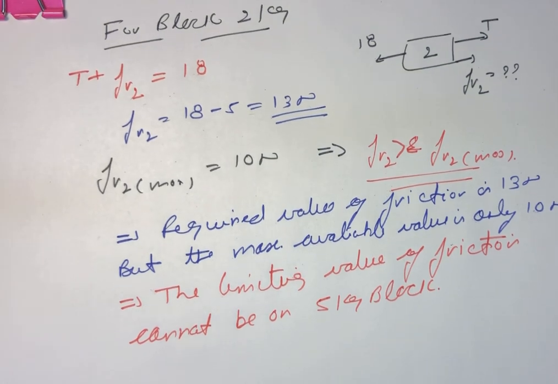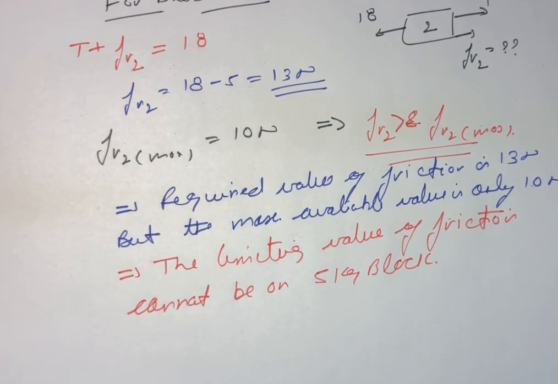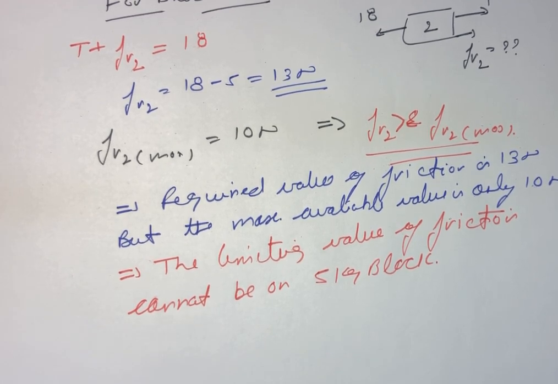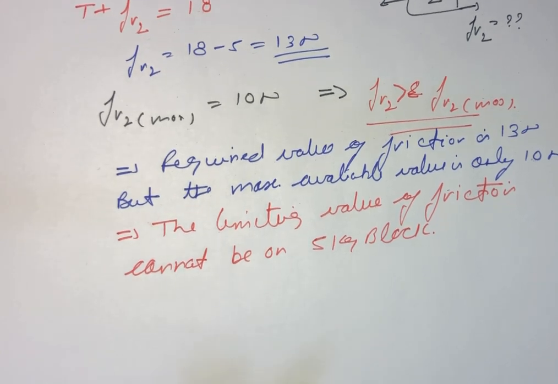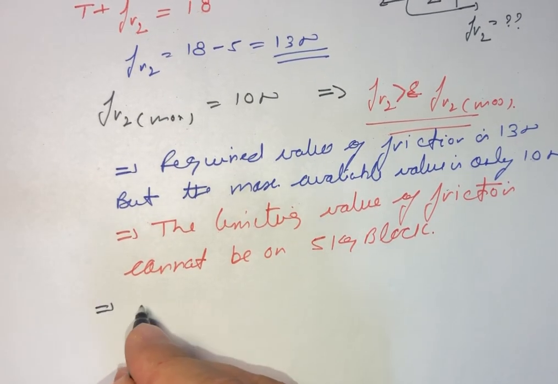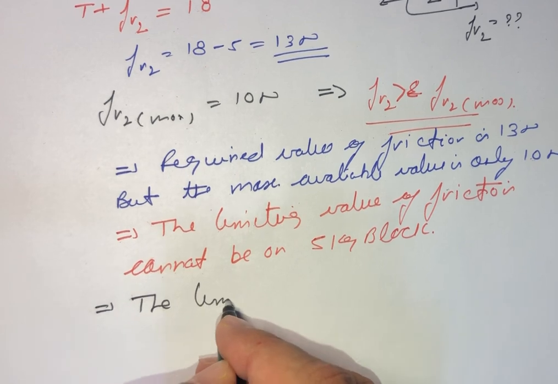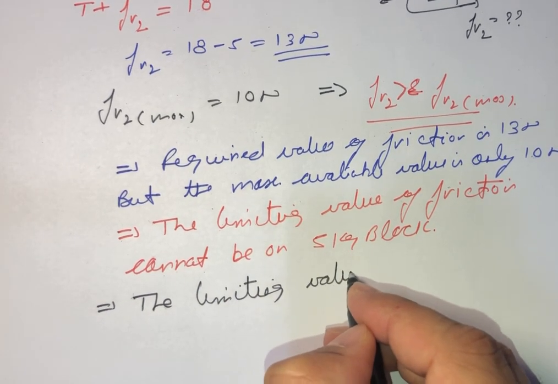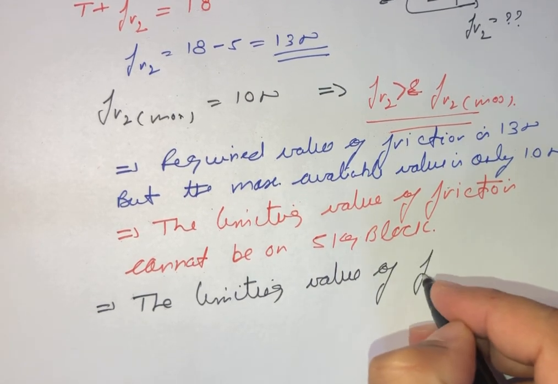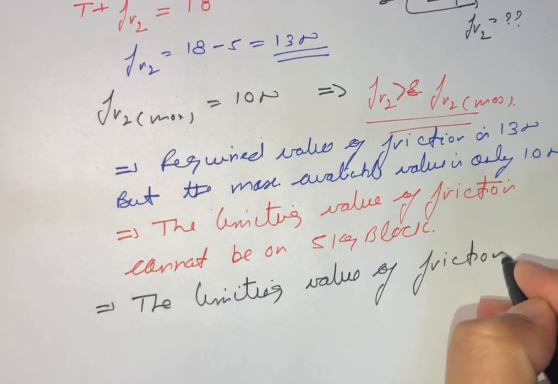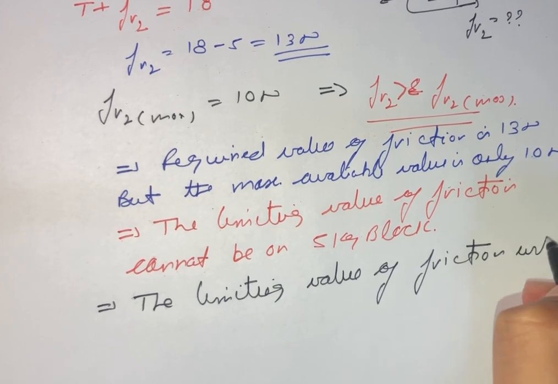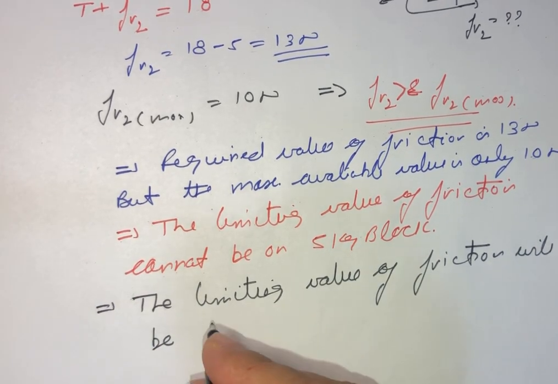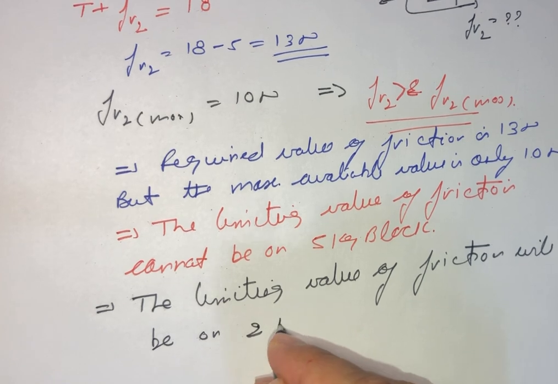Automatically we are going to shift it to our 2 kg block. Okay, you can say that now, which implies that the limiting value of friction will be on 2 kg block.